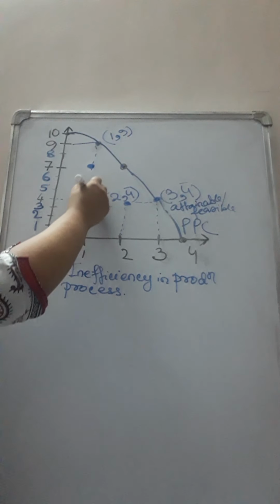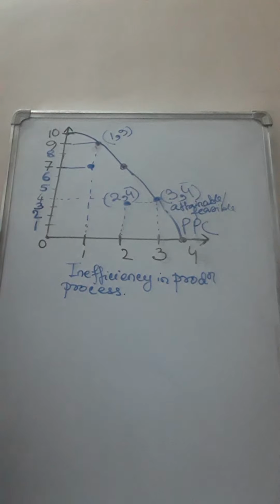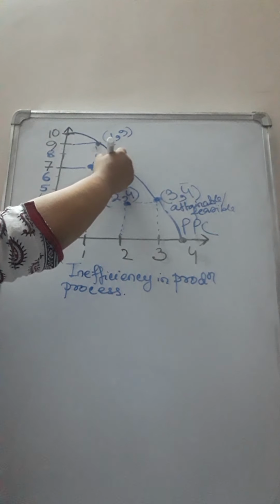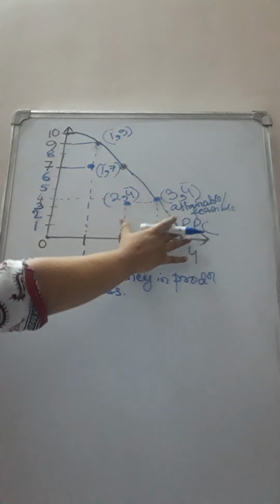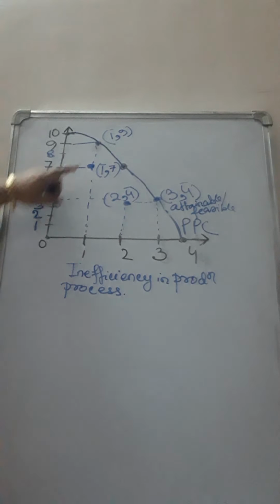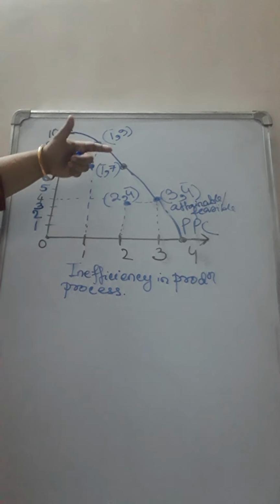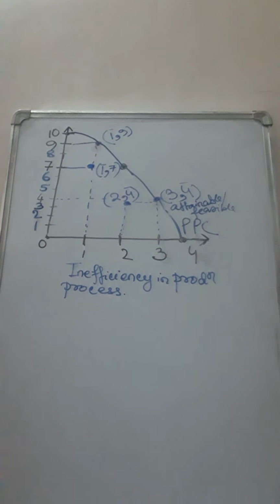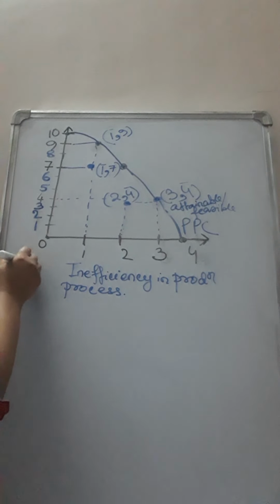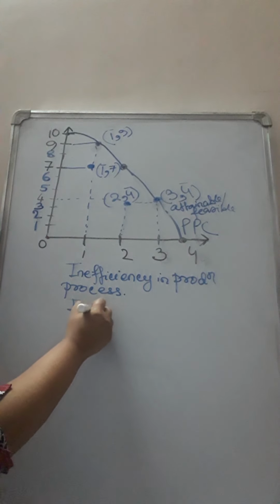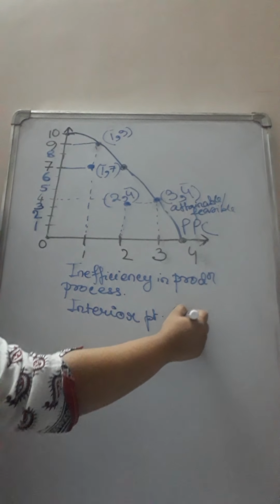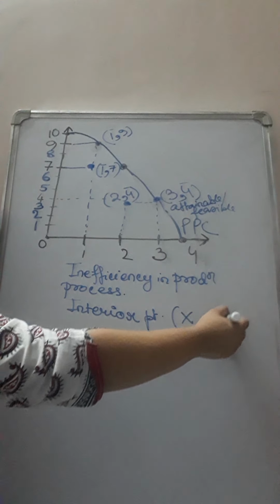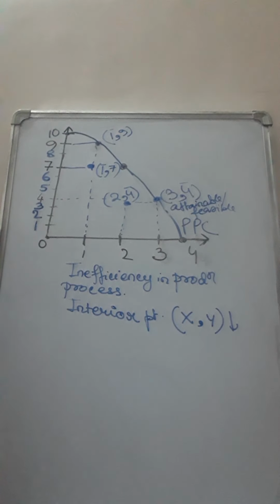Here you are producing 1X but with 7 units of Y. So production of X in this example remains the same, just opposite to the previous example, but Y production is less than what is possible for the economy. So it shows interior points are inefficient points. If an economy is opting for production at an interior point, then the combination of either X or Y is less than how much is possible.